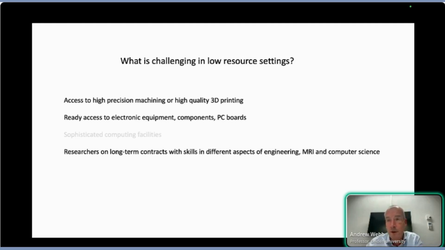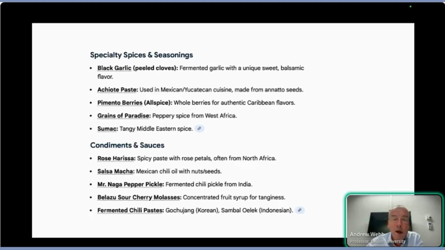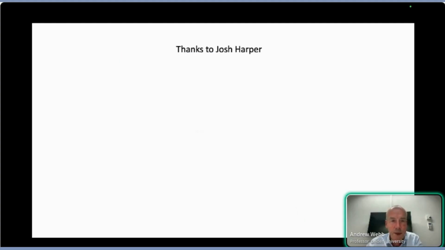And without this, we're going to end up with systems which are really not fit for purpose in terms of expanding the number of low field systems around the world. And part of the problem, again, back to the cooking analogy, is we're asking too much, right? It's as if we say that to make your recipe, you have to have all this very exotic stuff, which is simply not available in many, many places.